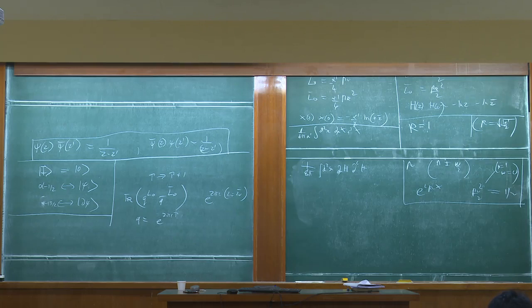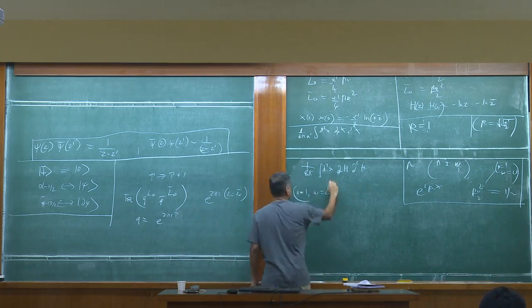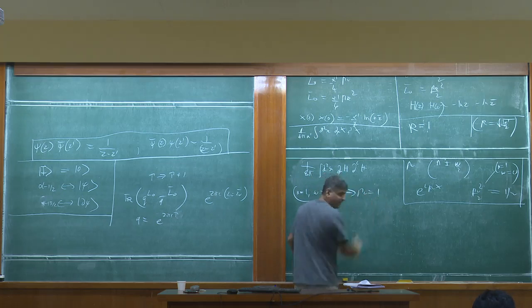Okay. Now you could ask, was this just a coincidence, or is it something deeper? So we're going to try to suggest n equals 1, omega equals 0, or equivalently PL is equal to 1.